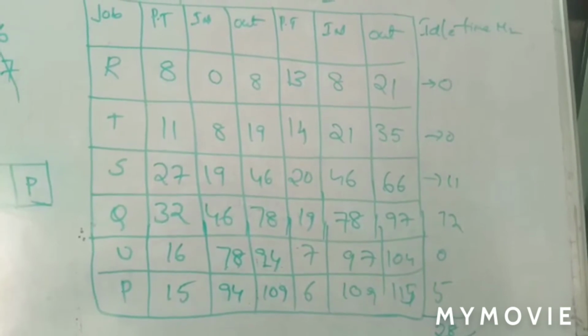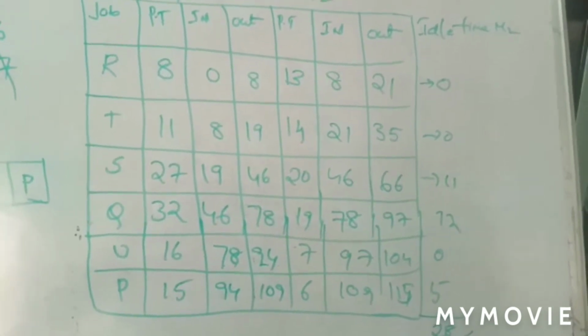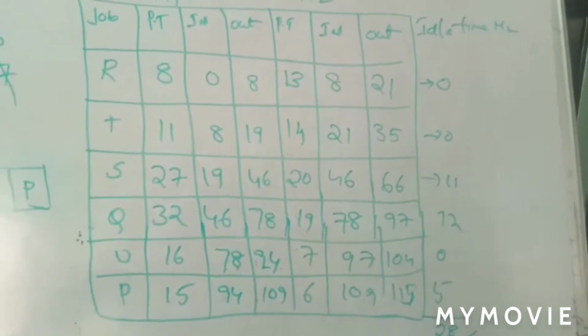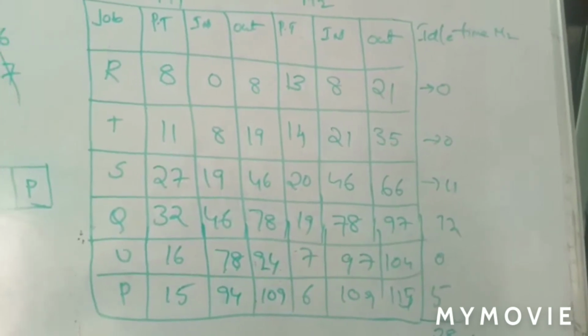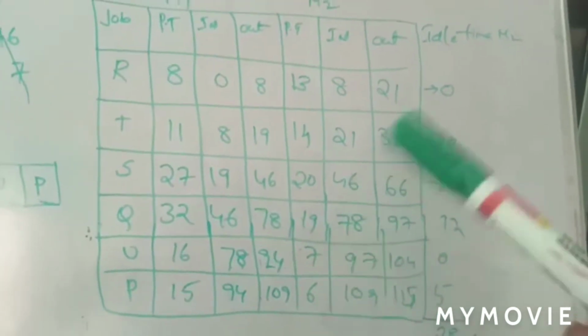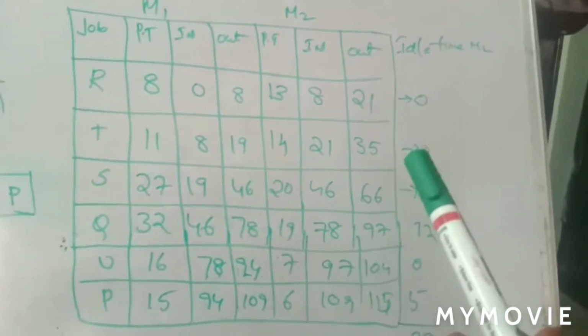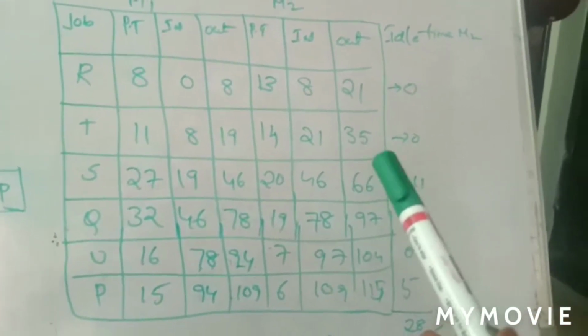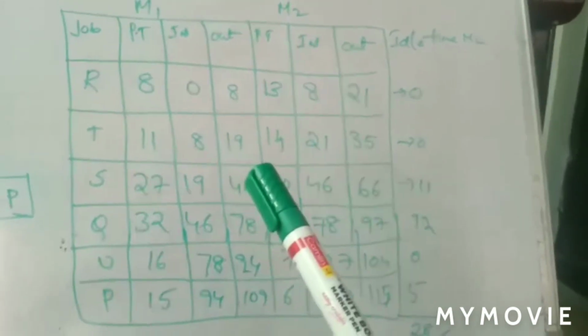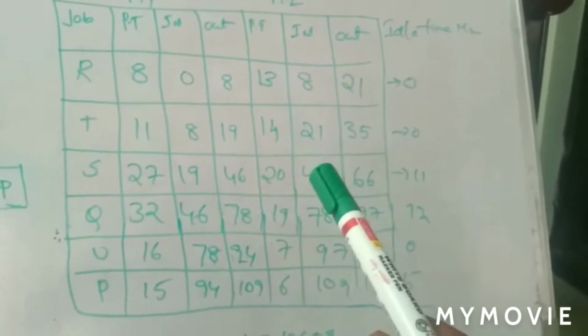Now calculate the processing times for machine 2. Machine 2 starts with R. The R processing time is 13. Please observe one thing: already the out time on machine 1 is 8 and here the processing time is 13.